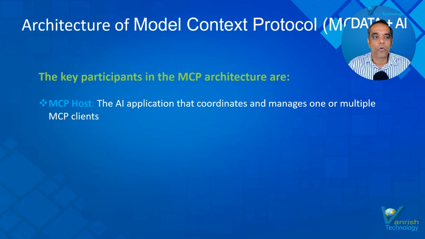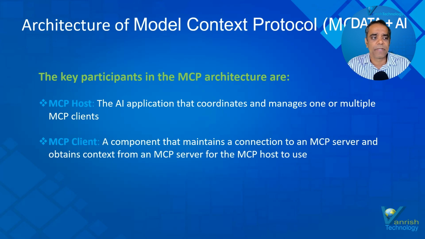The MCP host is where your AI application is hosted, and it coordinates and manages one or multiple MCP clients. Suppose you are working in Visual Studio and it is hosting your application. That means your host is Visual Studio, and Visual Studio Code establishes a connection to the MCP server.